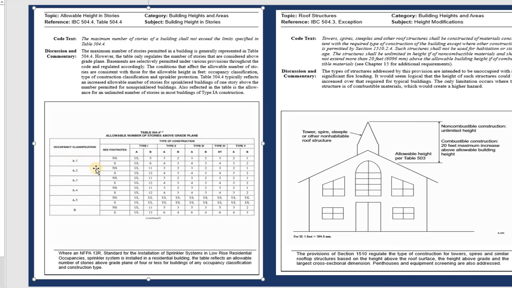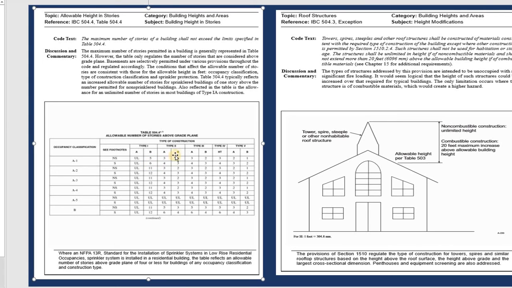For example, with group A1 and non-sprinkler, type 1A is unlimited, that means how many stories depends on you. But if you use type 1B, you are limited to 5 stories only if you use non-sprinkler. Now if you add sprinkler, you can see type 1A unlimited, type 1B you can increase to 6 stories.